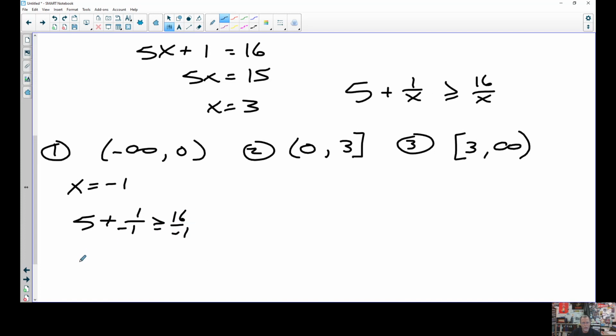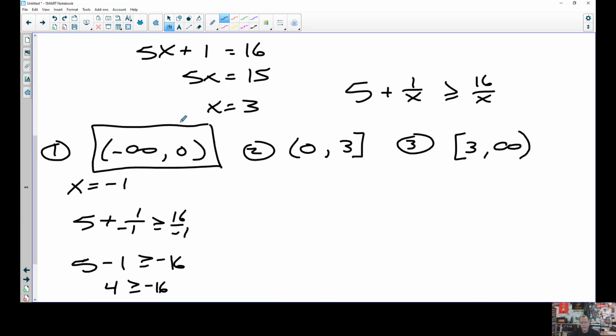So that is 5 minus 1 greater than or equal to negative 16. 5 minus 1 is 4 greater than or equal to negative 16. And that is true. So that's part of my solution.